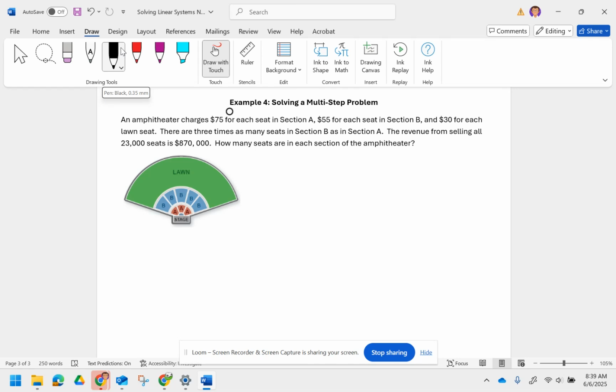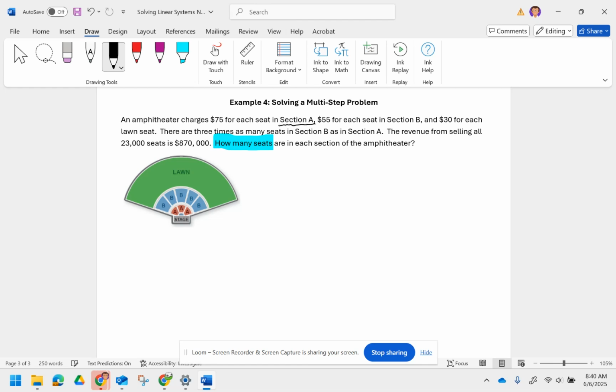Okay, so first thing, when I approach a problem like this, I pay close attention to what the question is asking for. How many seats? So the number of seats, these are my variables that I'm going to be using. That's what I'm trying to find out. That's the big unknown. Now, I do see that we have a different number of seats for the sections.